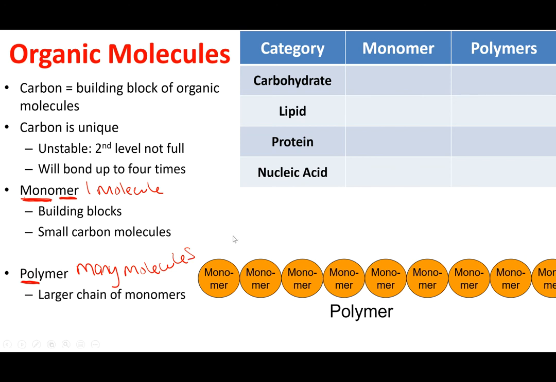If you want to draw yourself a picture of a monomer and a polymer, it's not a bad idea. Each of these different categories has different types of monomers and different types of polymers, and we're going to spend a lot of time in this unit talking about those different types.